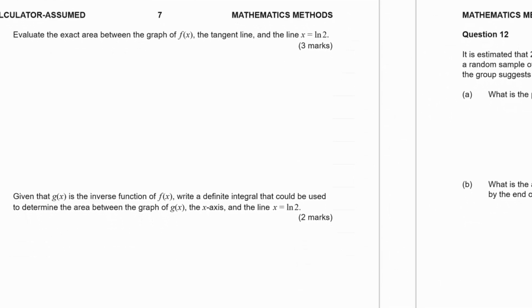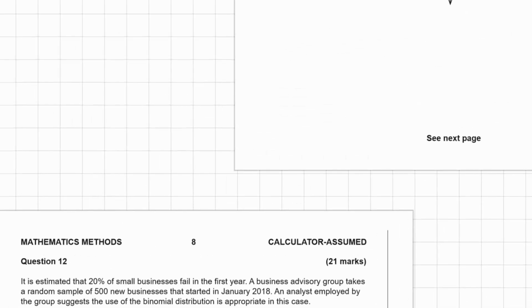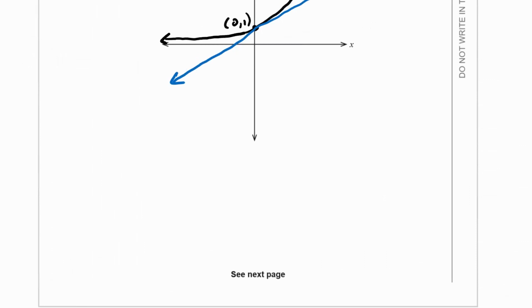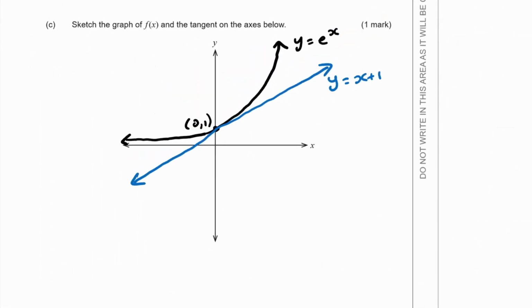Evaluate the exact area between the graph of f of x and the tangent line and the line x equals log 2. So if we say that this is where x equals ln 2, then we want the area in here.